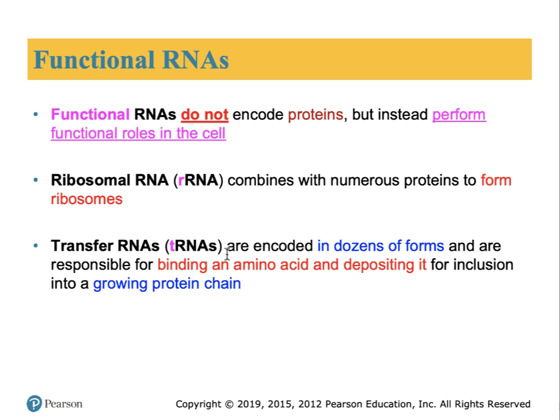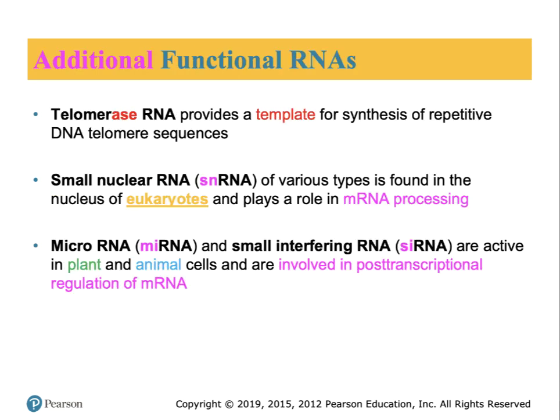It has a function of carrying amino acids from different parts of the cytosol to the ribosomes where it's needed for making polypeptides. Some of the other classes of RNA may be found in particular branches of the tree of life. So these are only found in eukaryotes, as far as we know.